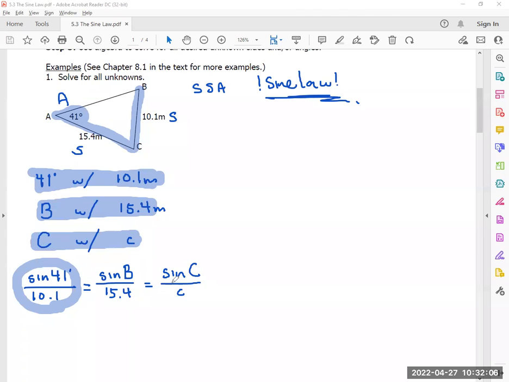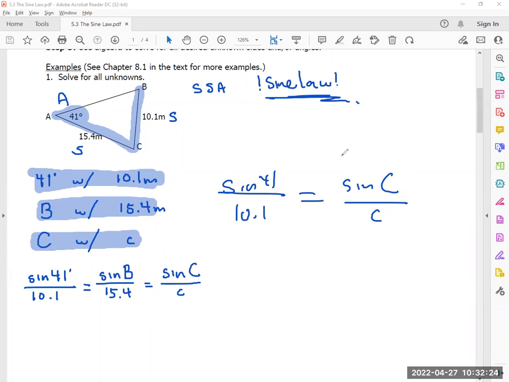Because you can't do both at the same time, it's too hard. Why do you think it makes sense to do the second one? There's only one unknown. Take a look at this, everyone. If I were to, don't write this down, sine 41 over 10.1 equals sine C over little c, there are way too many unknown numbers. You can't solve it.